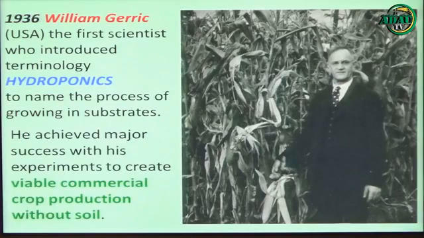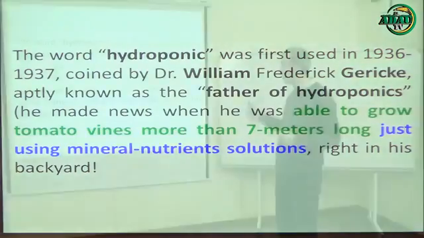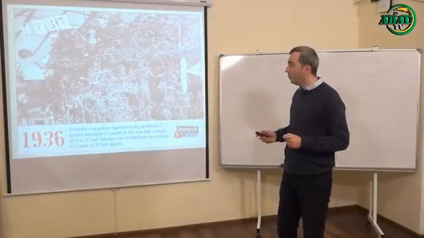In his experiment, he was able to grow tomato plants and different other plants very tall. For example, in this case, he grew a plant 7 meters long, just using mineral nutrients. So William Garrick is also called the father of hydroponics.